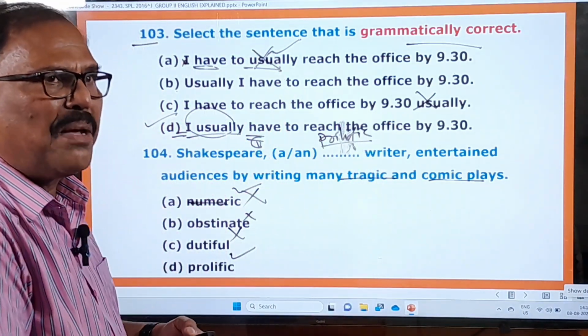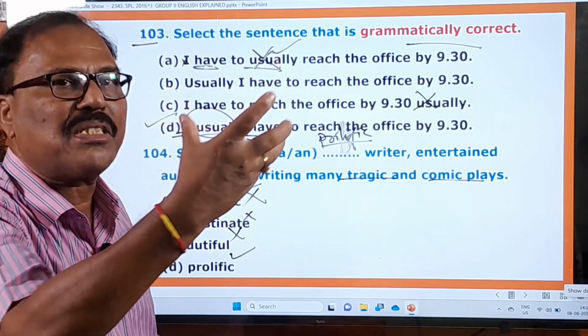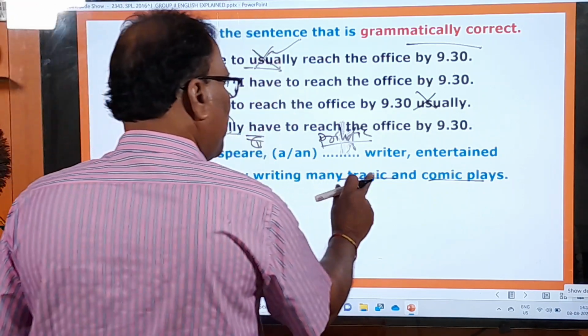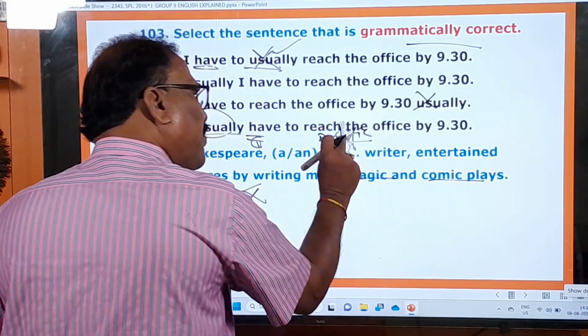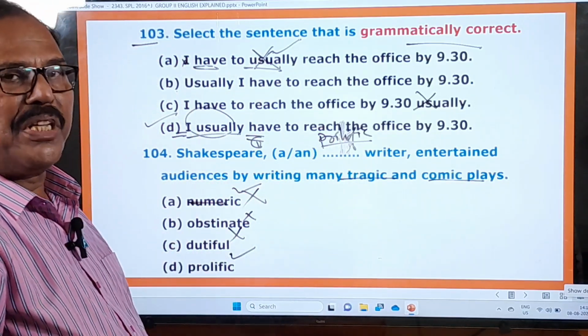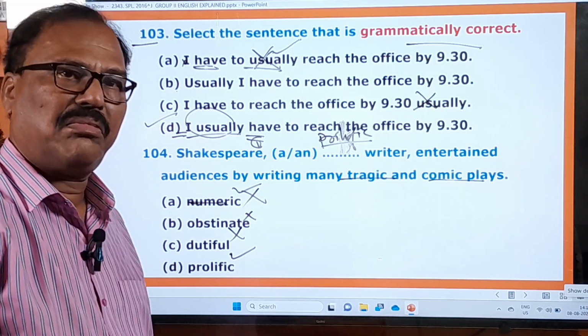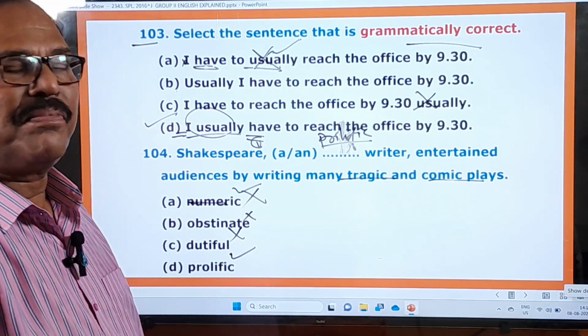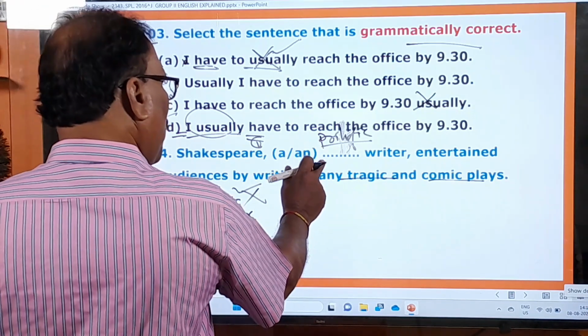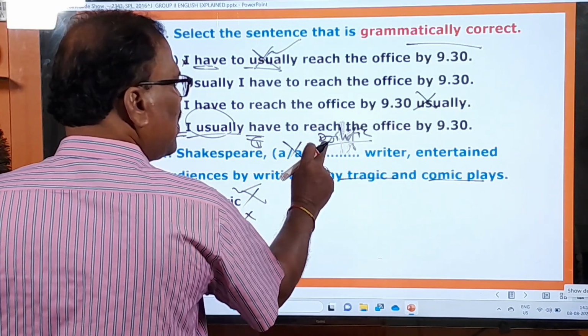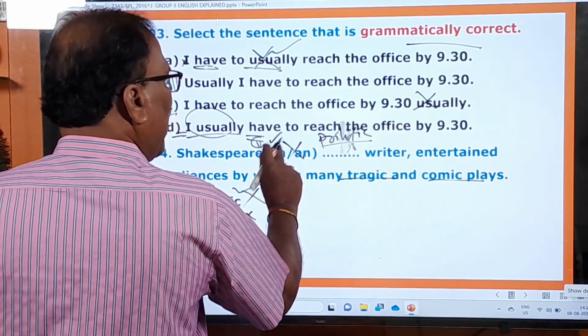Prolific writer means producing more stories, more dramas. So many tragic and comic plays. He was a prolific writer, producing many stories, many literary articles. Therefore, a prolific writer, since it is beginning with a consonant sound, we should use a prolific writer.